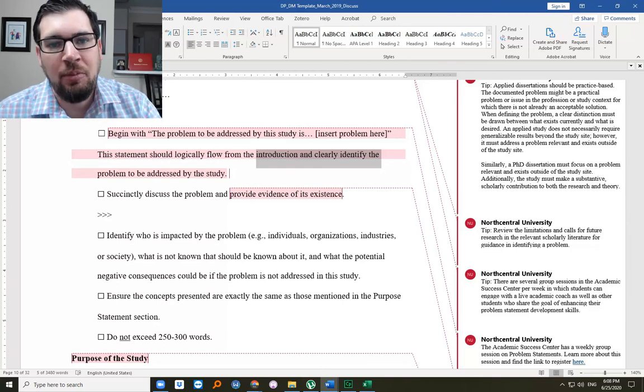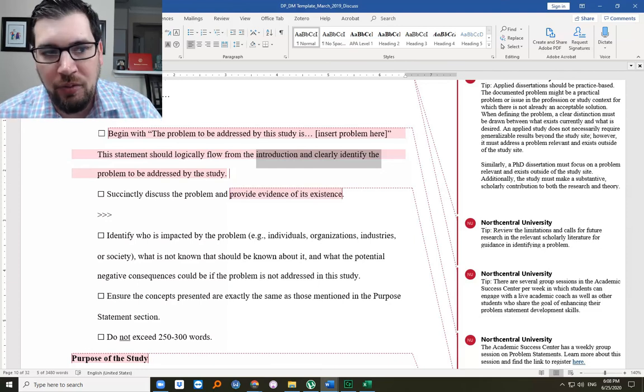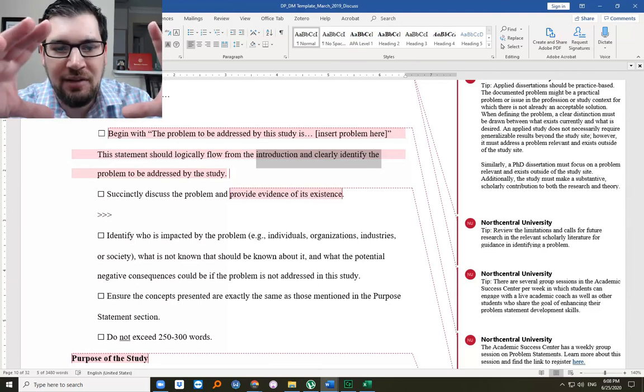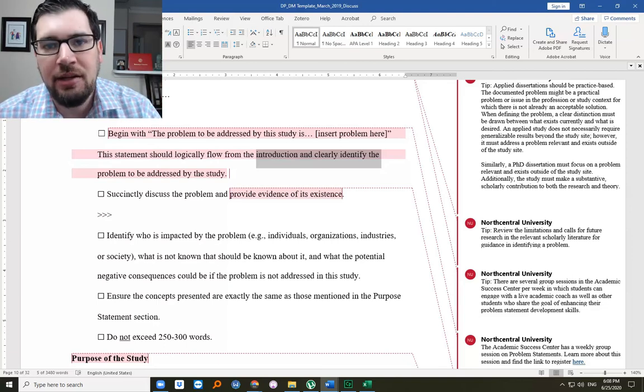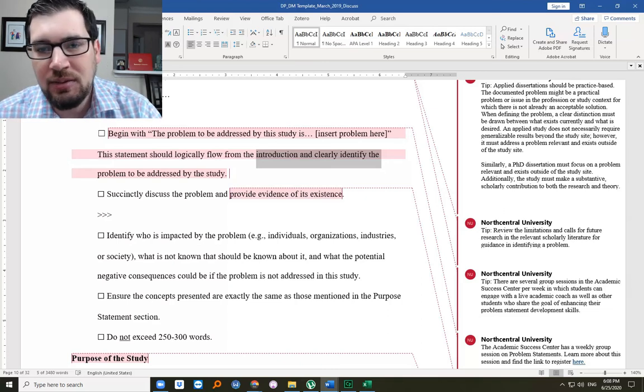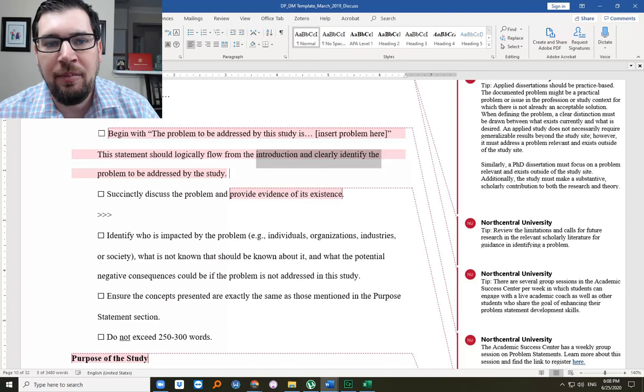Or you might focus on the whole house, and include the roof. Then you can have a statement saying, well, the house is in need of repair. That's the problem. The house is broken down. It has issues that need to be repaired.